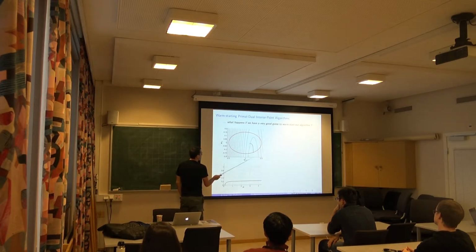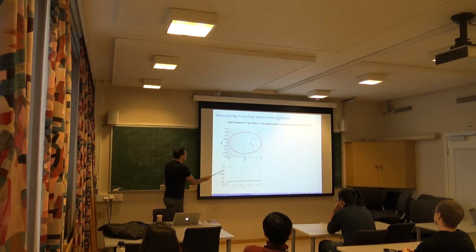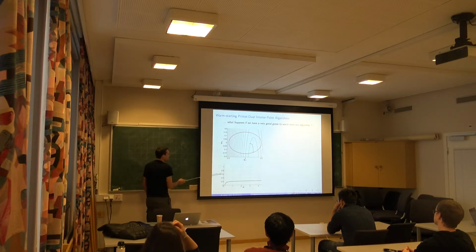You have a minimum down there, and an inequality constraint that restricts your solution to be within that ellipsoid. That was the primal view on the problem, and the dual view was here, so that's the mu, and you have the slack variable here. And the central path is here, going down to there.